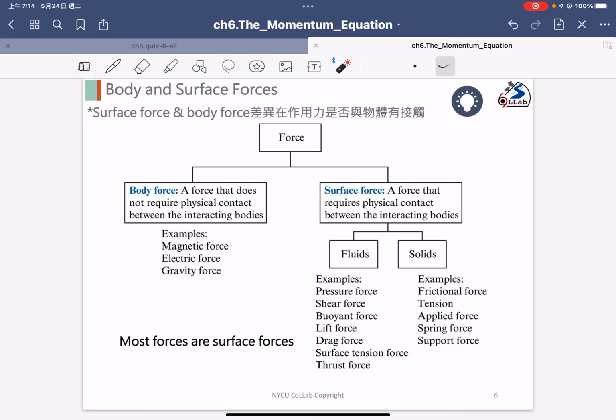If we look at the forces related to fluids, there are 7 important forces. The first one is the pressure force, second is shear force, then buoyant force, lift, drag, surface tension force, and thrust force. Okay, as I remember, we taught these very important 7 forces in chapter 2. So all of the significant forces associated with the fluid are surface forces.